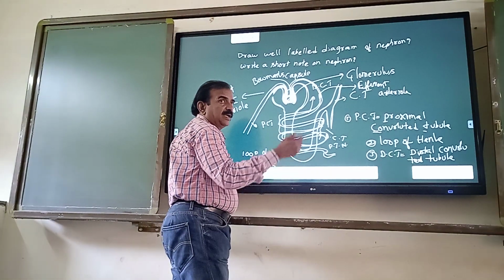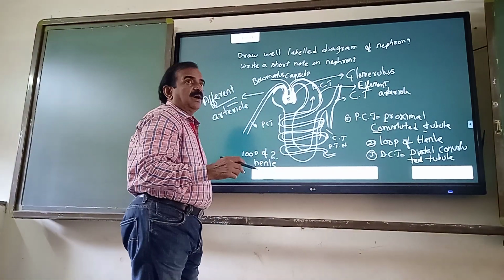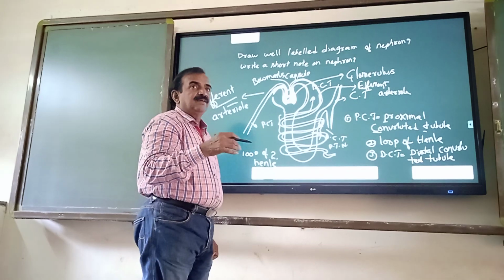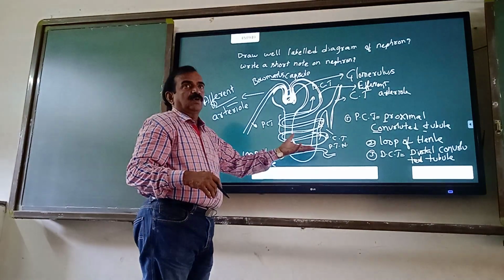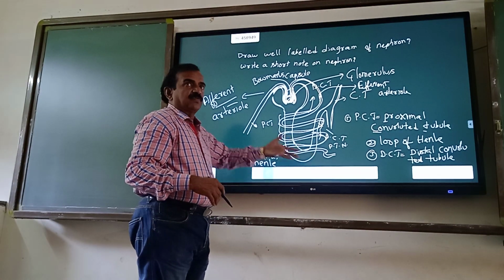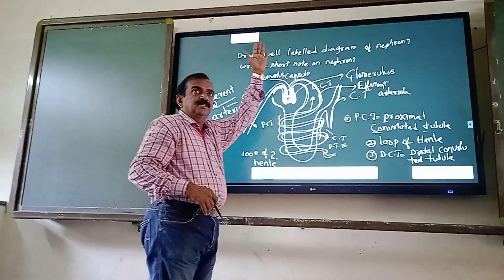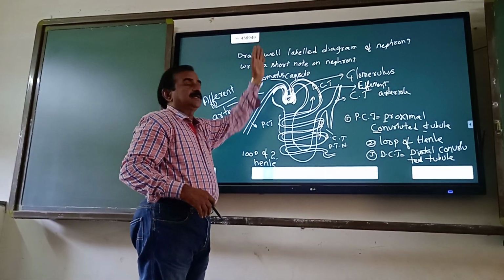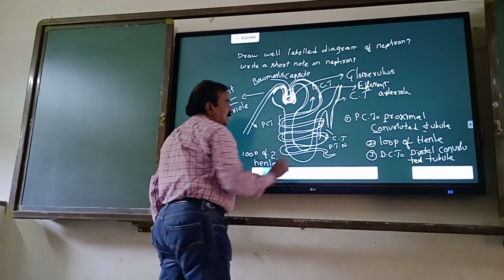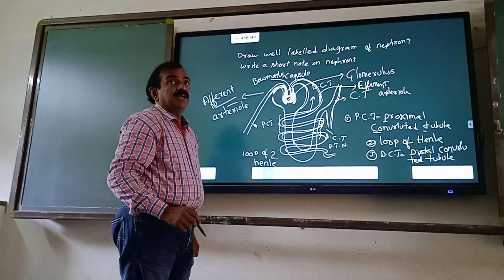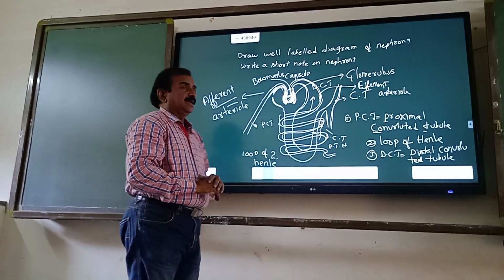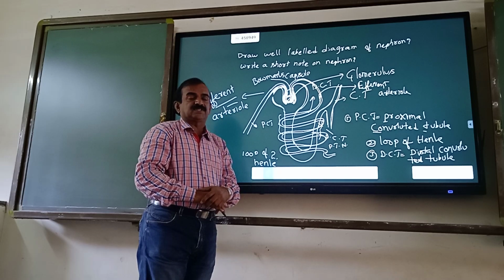Venule to vein, and the vein carries deoxygenated blood without waste material. So finally this blood is carried to the heart. This is the peritubular network. Okay. Now I am asking a few questions.